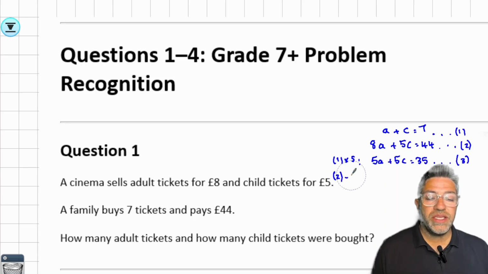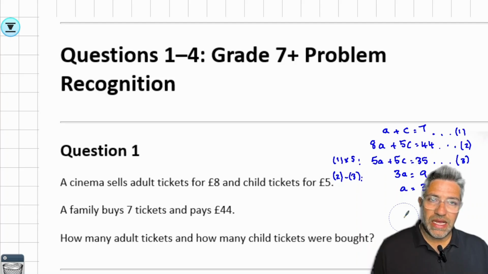By subtracting equation 3 from equation 2, I will eliminate one of my variables. I will be left with 3a equals 9, and dividing through both sides by 3, I have worked out that 3 adult tickets were bought.